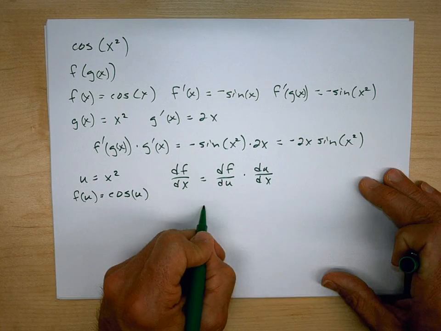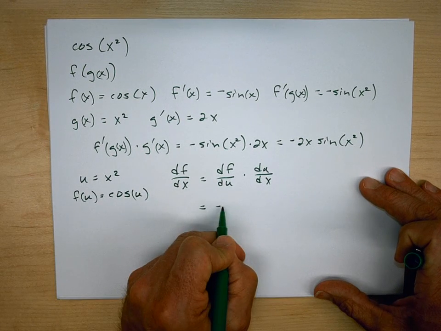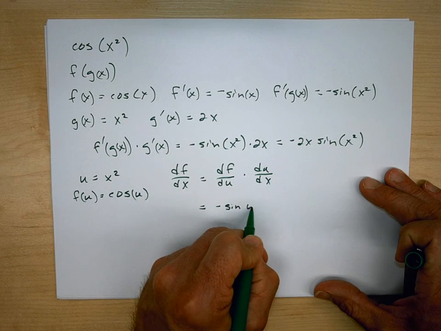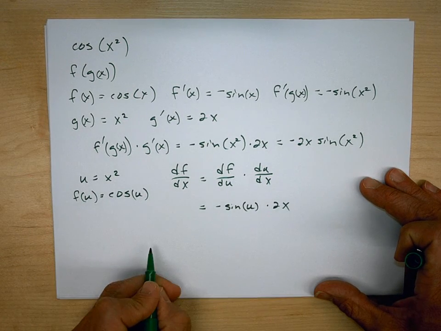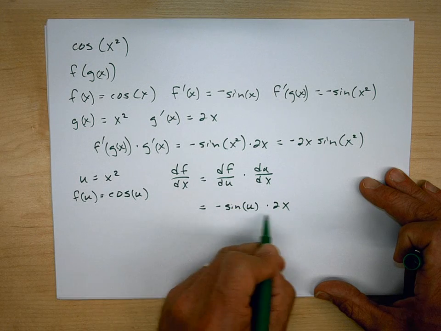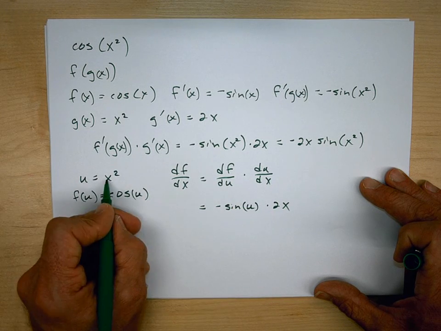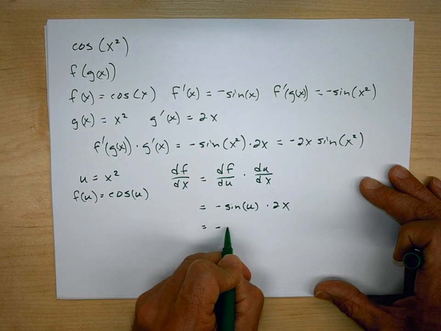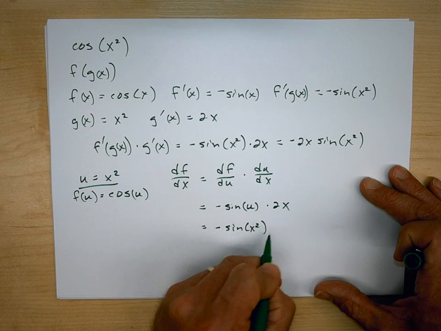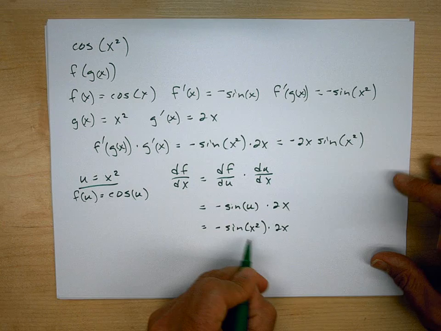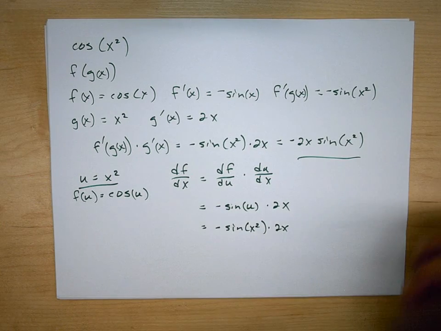Well, df du is negative sine u, and du dx is 2x. So now, in order to get everything back in terms of x, we just substitute. So negative sine, we know that u equals x squared, so we can put our x squared back in, times 2x. Of course, we can rearrange that. We get the same answer that we did before.